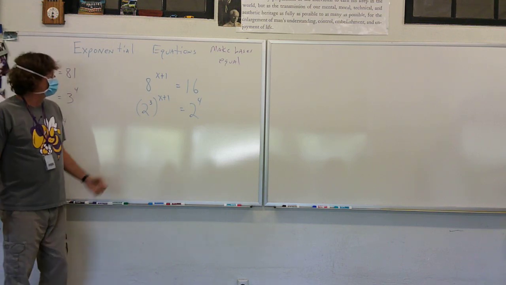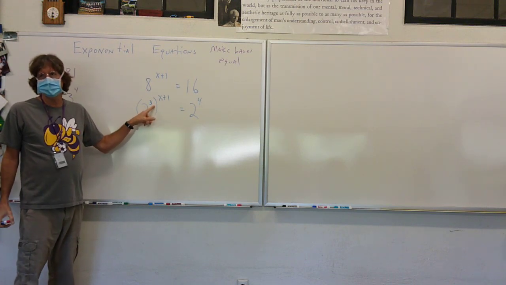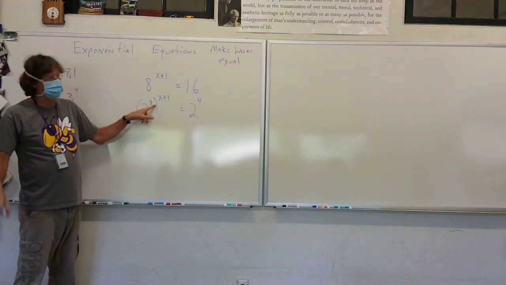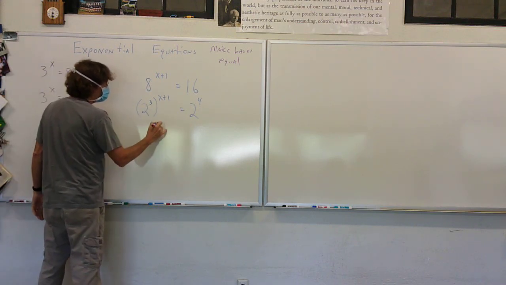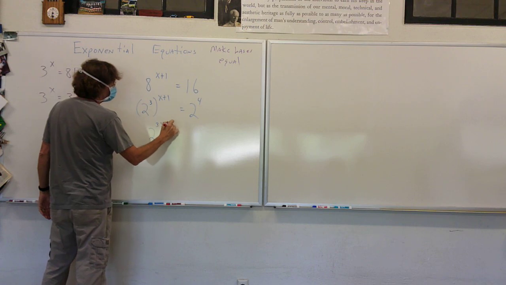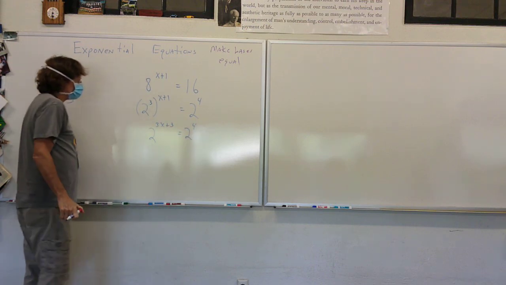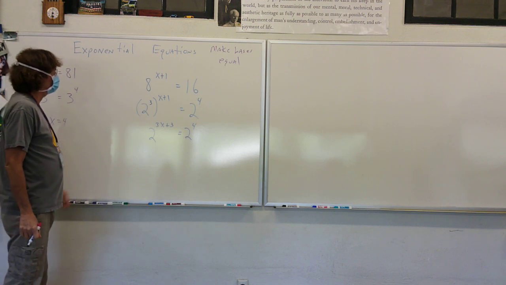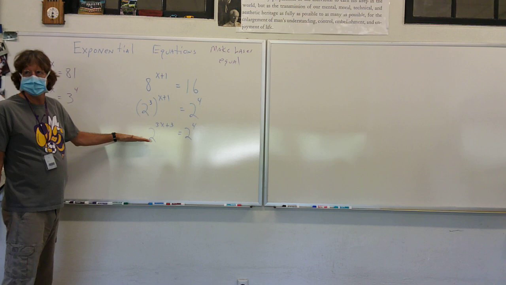Now, when you raise a power by a power, you multiply. You know that. I've all had good algebra 2 backgrounds. You know that. Just please use the distributive property. Now, if you were to go from here down to here, it wouldn't bother me a bit, folks.